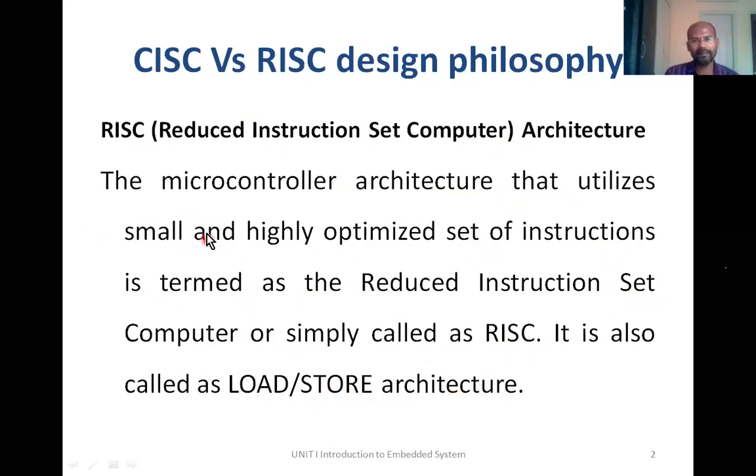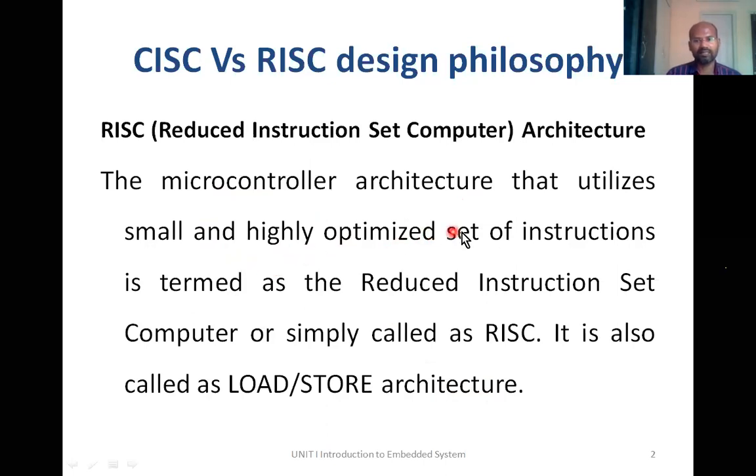The microcontroller architecture that utilizes a small number of instructions has an instruction set with fewer instructions than the CISC family of computers. In CISC computers, the instruction set is very lengthy, very heavy. It contains more instructions, whereas RISC has few instructions compared to CISC architectures.